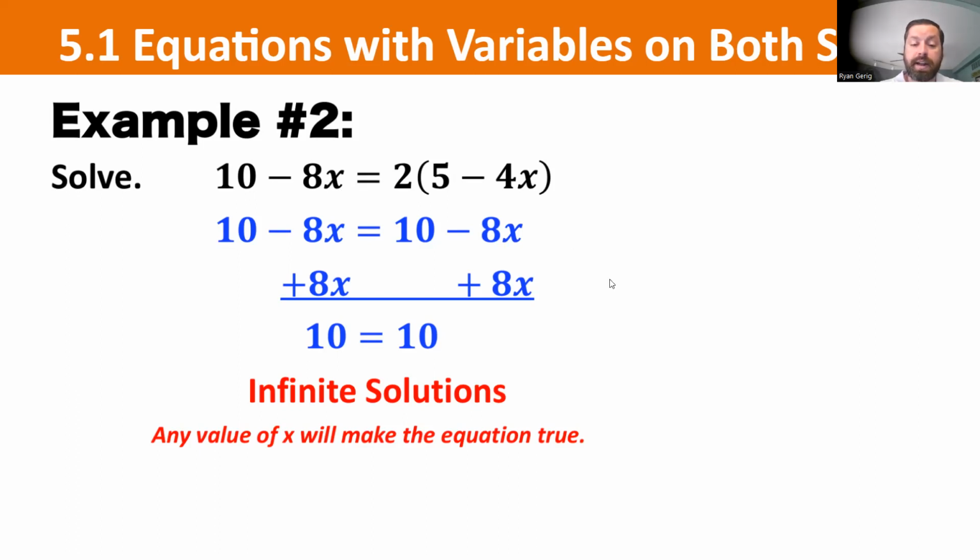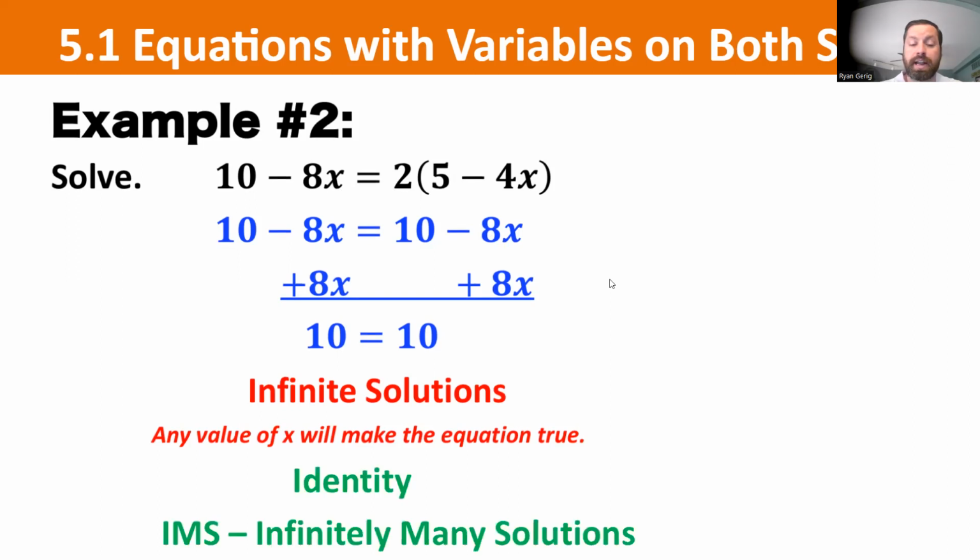All right, when that happens, we have what we call an identity. Now, if you look back here at the first step in blue, I have 10 minus 8x equals 10 minus 8x. Those are identical. I could have stopped there if I noticed that. If the left side and the right side are identical, I have an identity, which means I have infinitely many solutions.